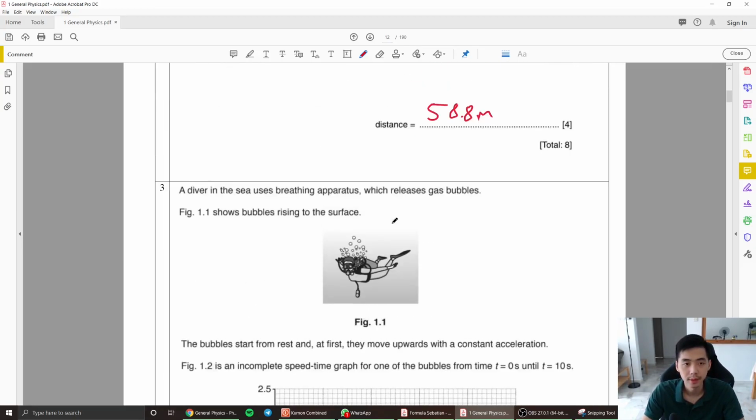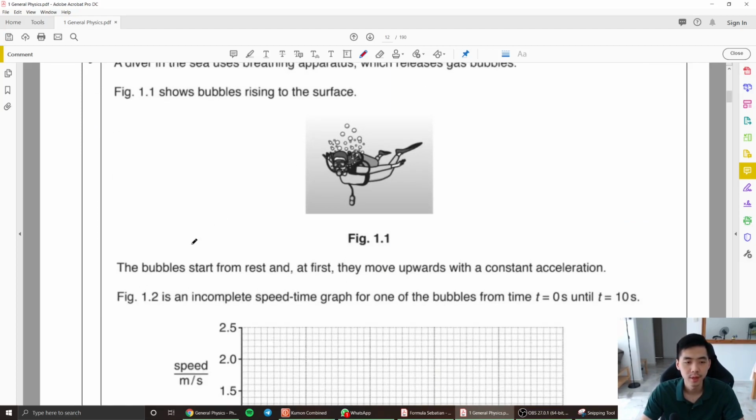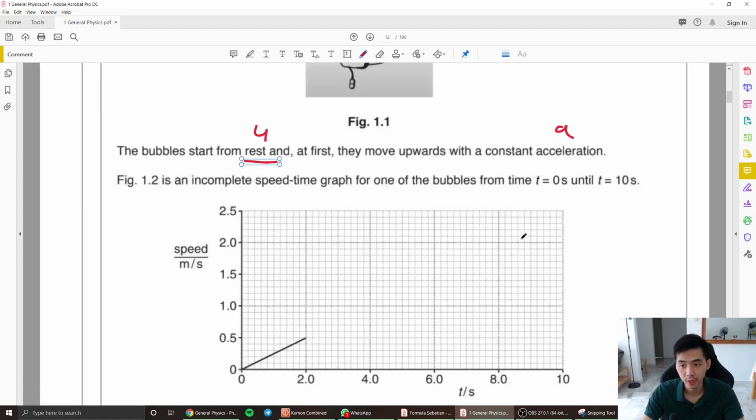Let's do this last part here. A diver in the sea uses a breathing apparatus which releases gas bubbles. Figure 1.1 shows the gas bubbles rising to the surface. The gas bubble starts from rest, initial velocity zero at first, and they move upwards with a constant acceleration. Figure 1.2 is an incomplete speed-time graph for one of the bubbles from 0 to 10 seconds.